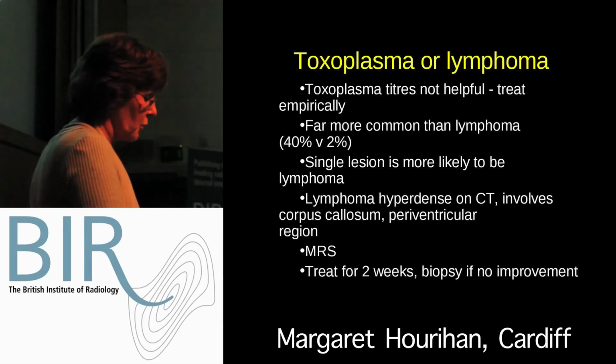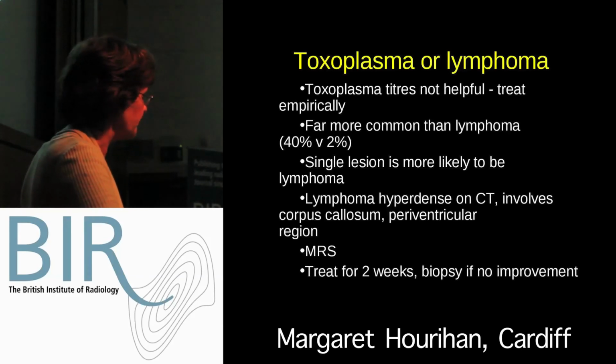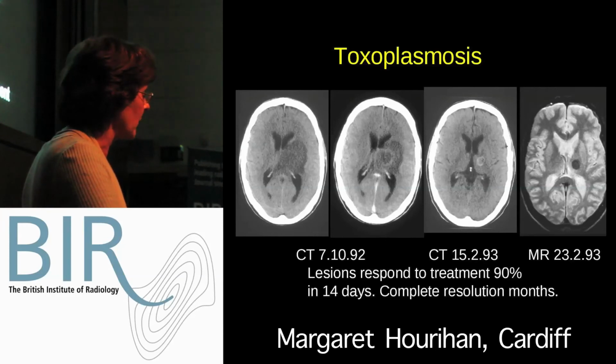The question that is usually posed to us is: have they got toxo or have they got lymphoma? So, is there a mass effect? And if not, they need to do an LP on the patient. The toxo titers are usually not very helpful, so they usually treat the patients empirically. Toxo is far more common than lymphoma.